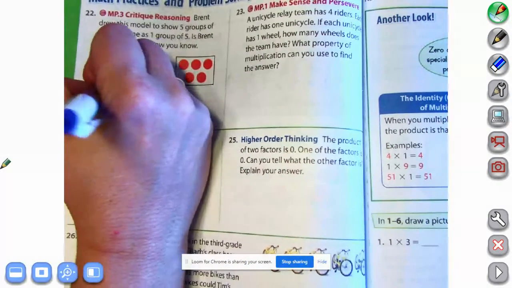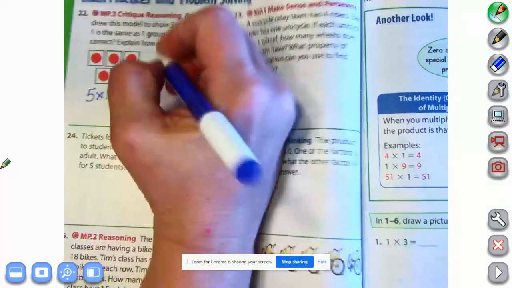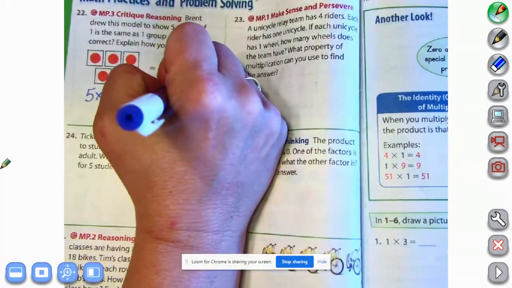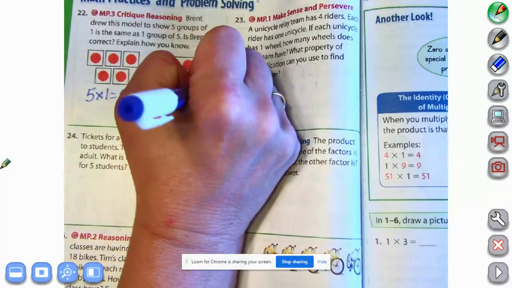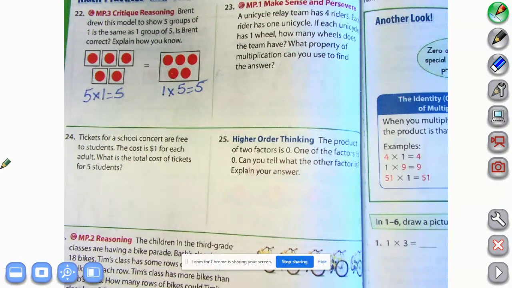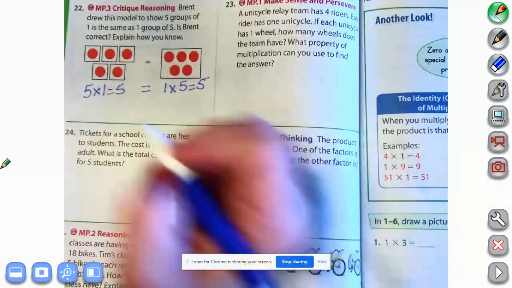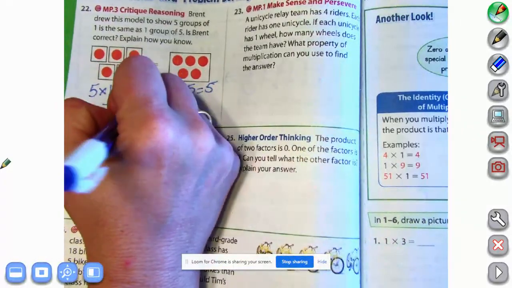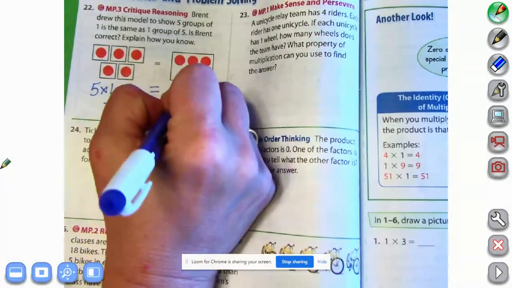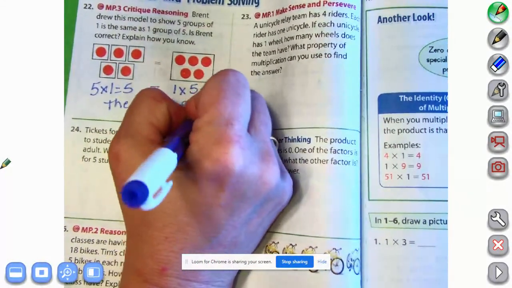So we have 5 groups of 1 equals 5, and we have 1 group of 5 equals 5. So the question is, is Brent correct? Can you explain how you know? Okay, so these are equal to each other. They both equal 5.